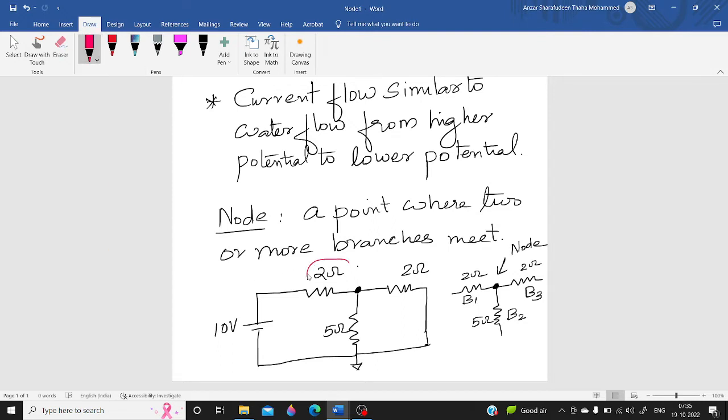I have written that branch as B1 here, the second branch is the 5 ohm resistor branch, that is B2, and the third branch is this 2 ohm resistor branch. I am calling it B3. These three branches meet at a single point here, and this point is called the node. So a node is a point where more than one branch meets. That is the concept of a node.